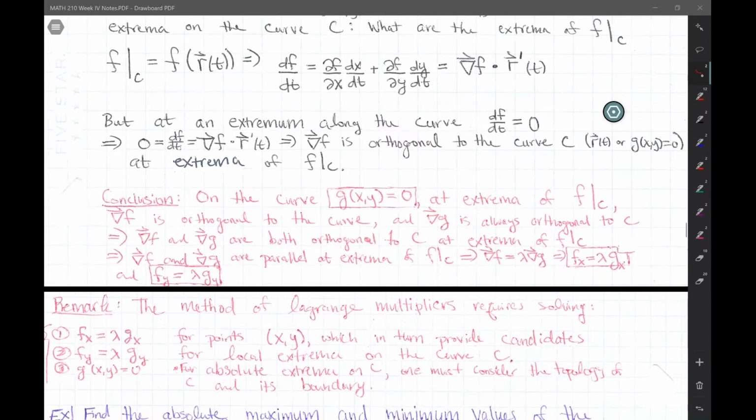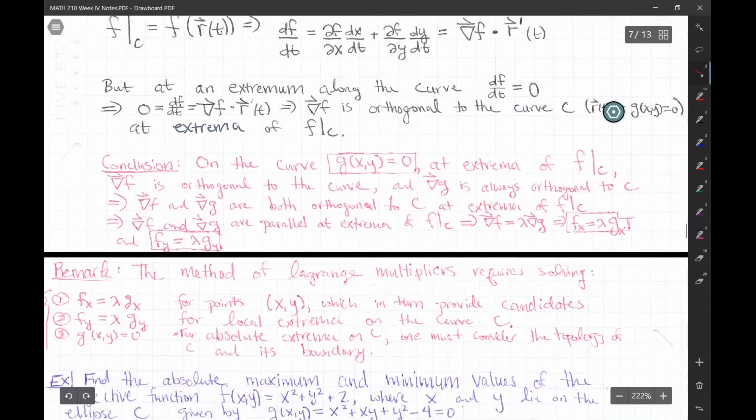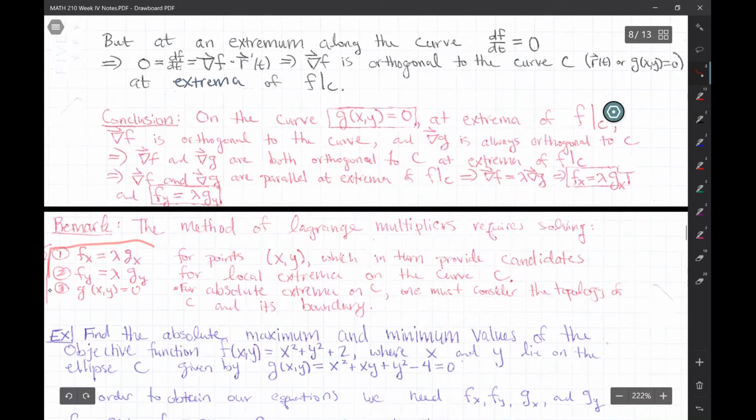So here's also a summary of how we'll do this. The method of Lagrange multipliers, in a nutshell, requires you to solve these three equations to get candidates for your extrema. Once you get those candidates, you plug them into the function and actually look at where the absolute maxima and the absolute minima are. So these three equations give candidates for local extrema on the curve C. And for absolute extrema on C, we must also consider the topology of C and its boundary.